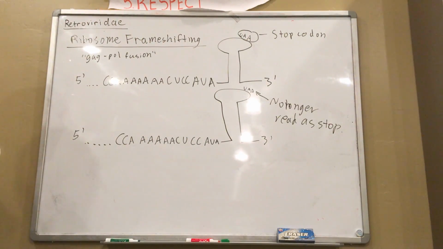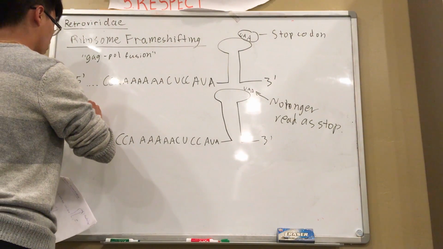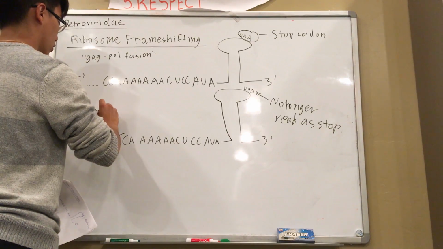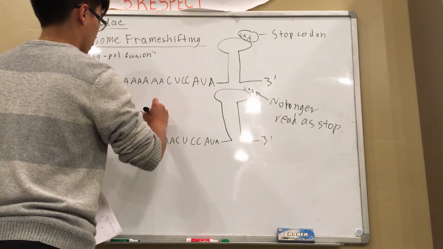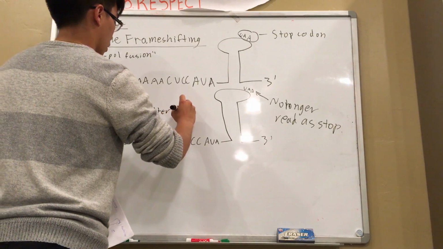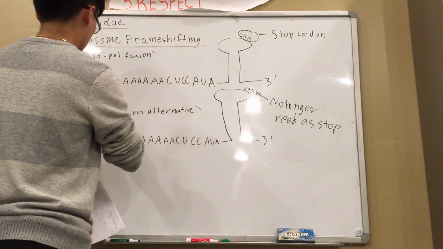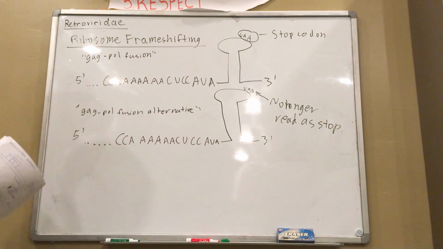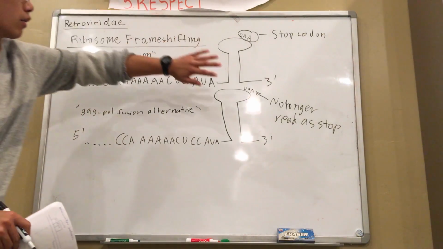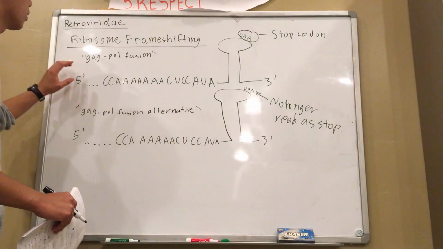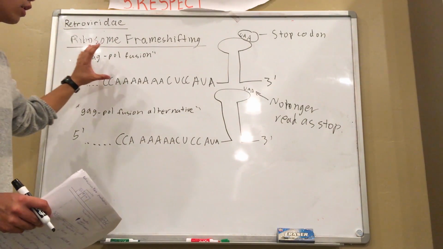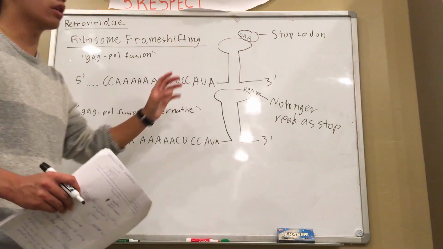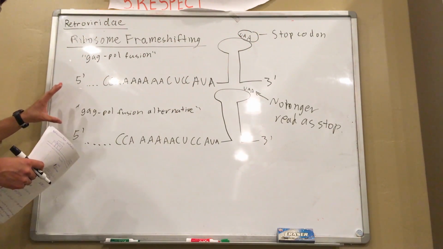Here's the thing. Hold on. GAG-Pol fusion, alternative. Probably should have done this in a different color. So color that bottom half. But normally you have a normal GAG-Pol fusion. Reads everything, yay. You get your GAG proteins.